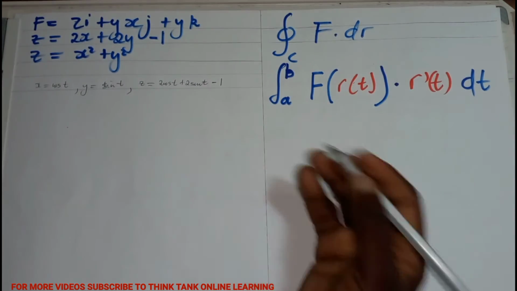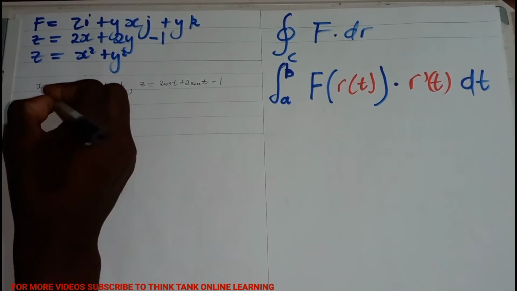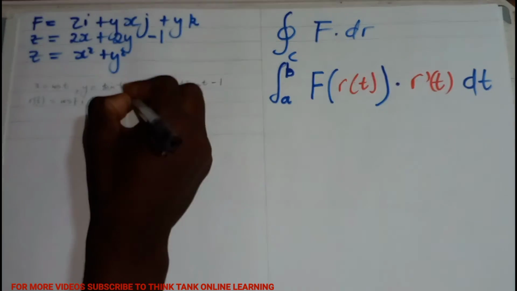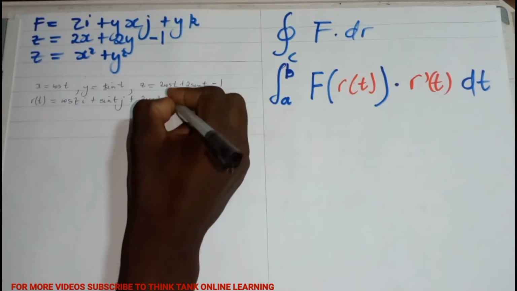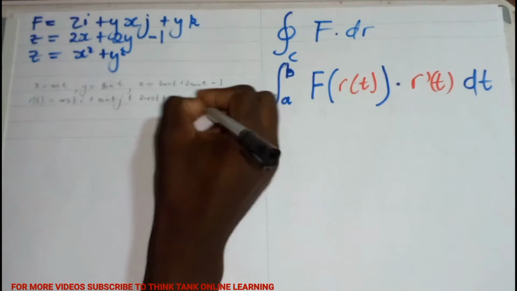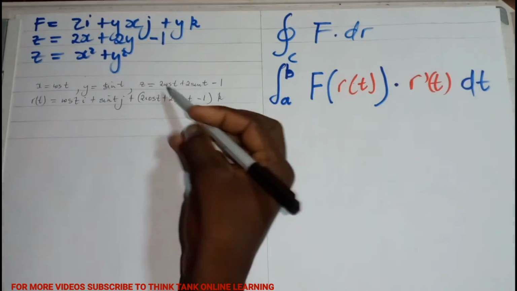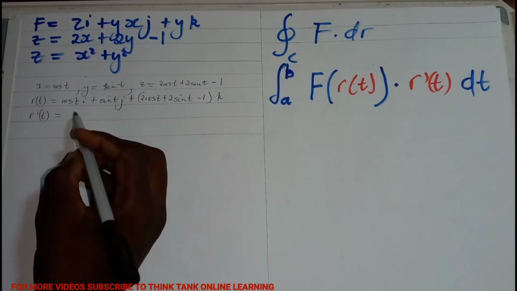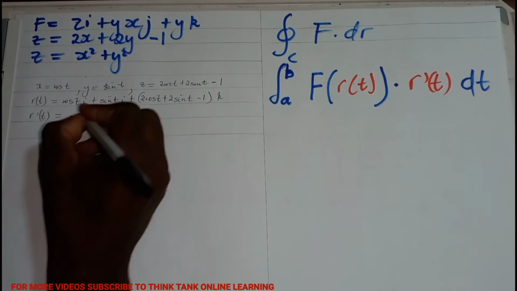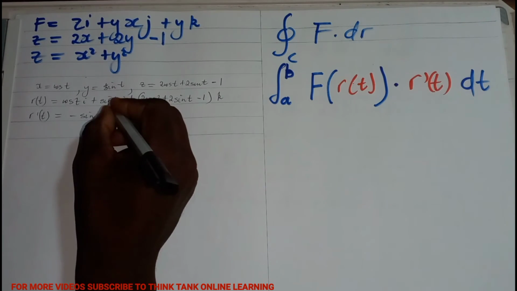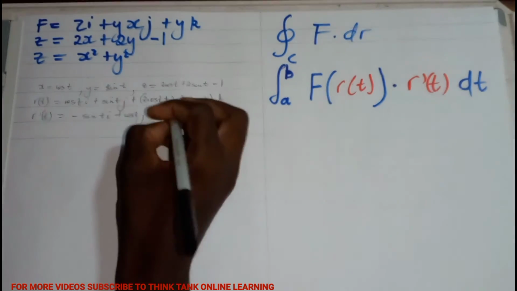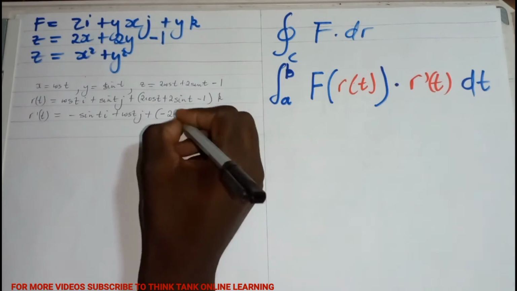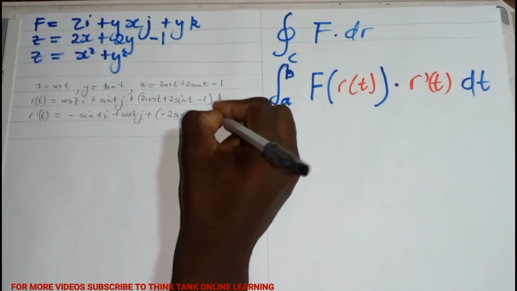So that means vector r(t) is going to be cos t i plus sin t j plus (2 cos t plus 2 sin t minus 1) k. So if we differentiate r(t) with respect to t, cos t is negative sin t i, then sin t is positive cos t j, then here it's going to be negative 2 sin t plus positive 2 cos t k.